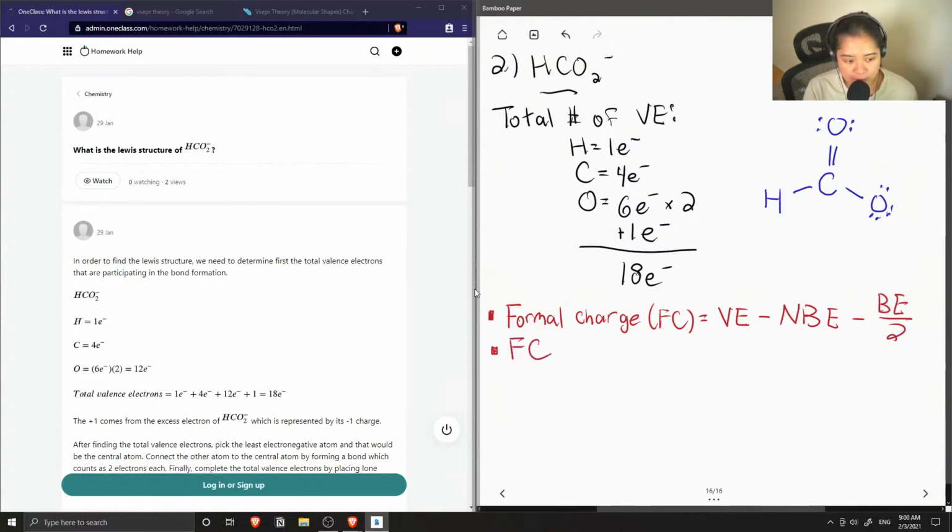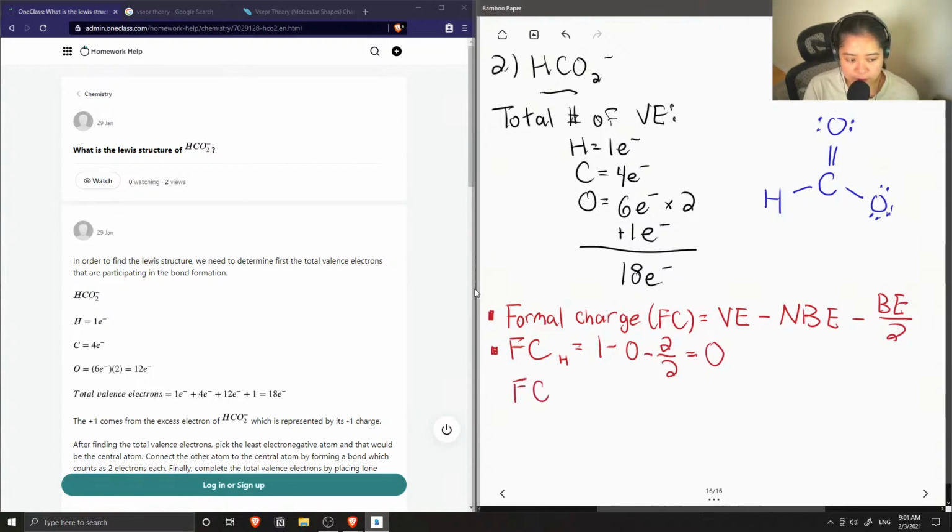So now let's calculate the formal charge on hydrogen. Hydrogen has 1 valence electron, and since there are no lone pairs on hydrogen, we have 0 non-bonding electrons. And there's a single bond that contains 2 bonding electrons, so we do 2 divided by 2. So we get a formal charge of 0.